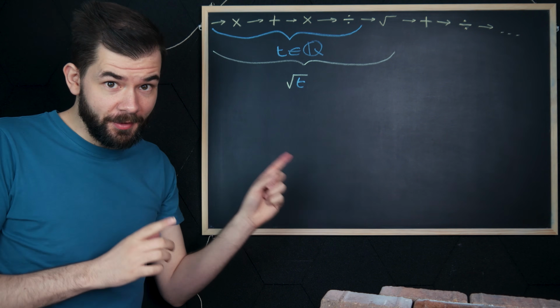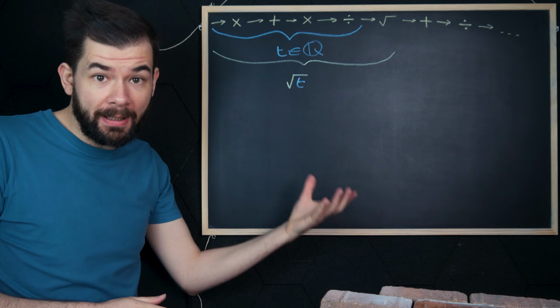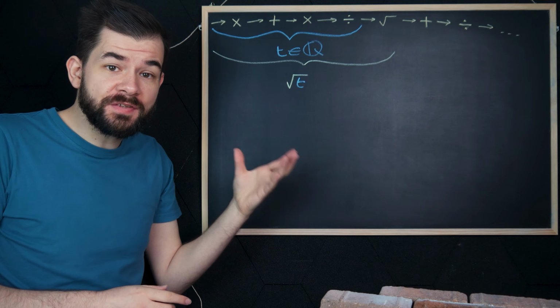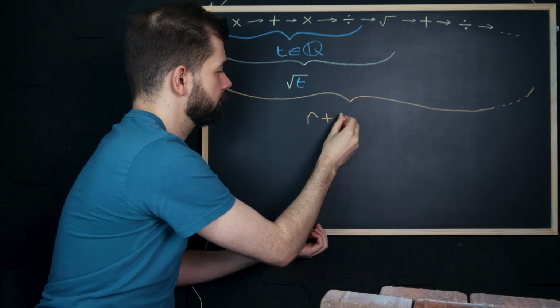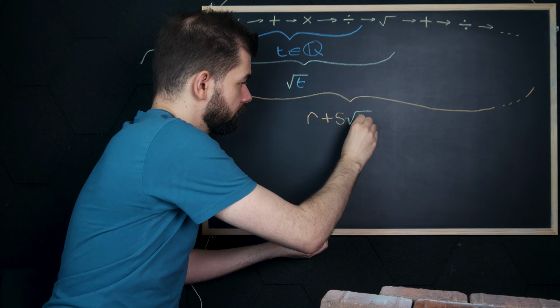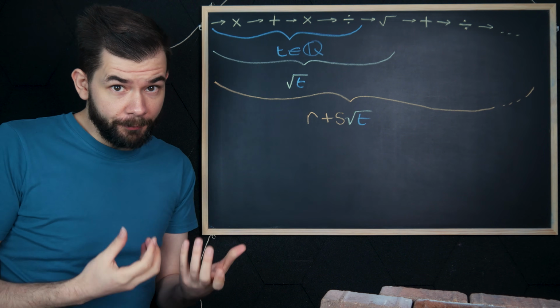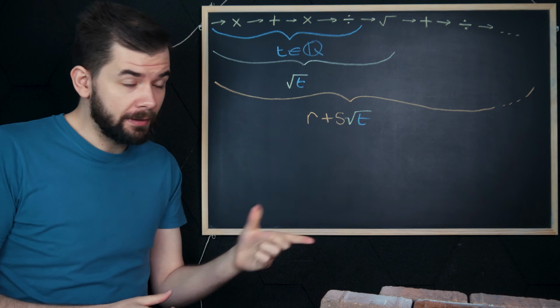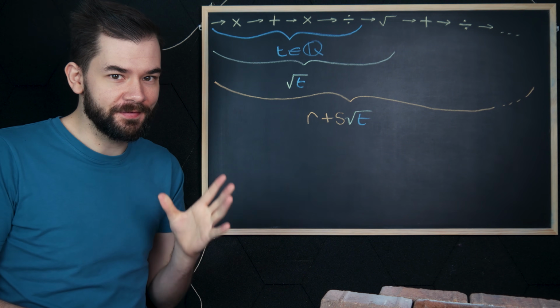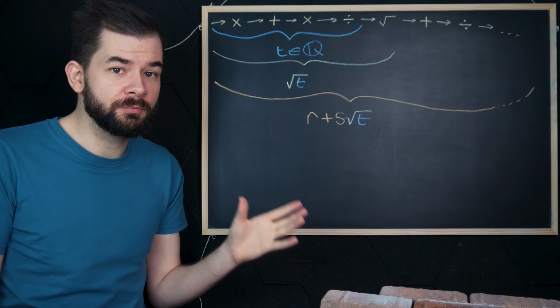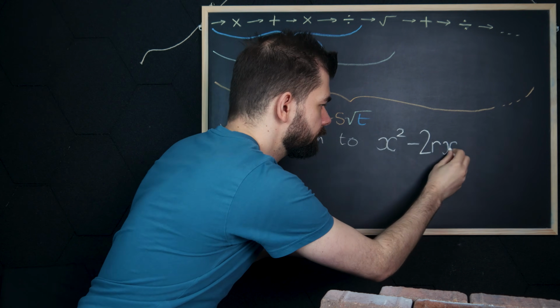Now notice that no matter how much you add, subtract, multiply and divide from that, you just end up with some rational number out here, call it r, and some rational coefficient, call it s. So all constructible numbers with one root look like r plus s root t. And now I claim that this is the solution to a quadratic equation with rational coefficients, namely this one.